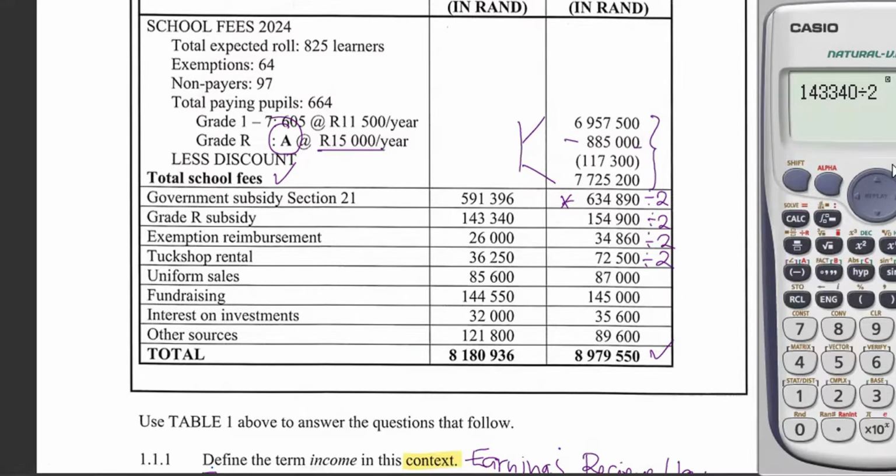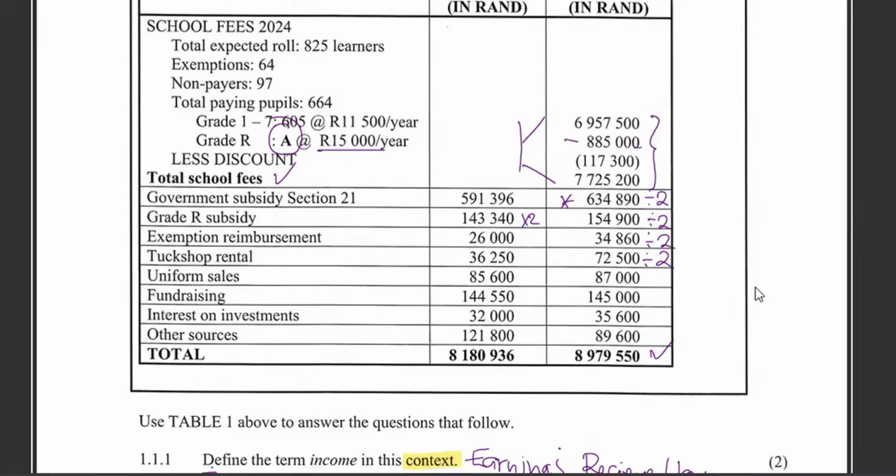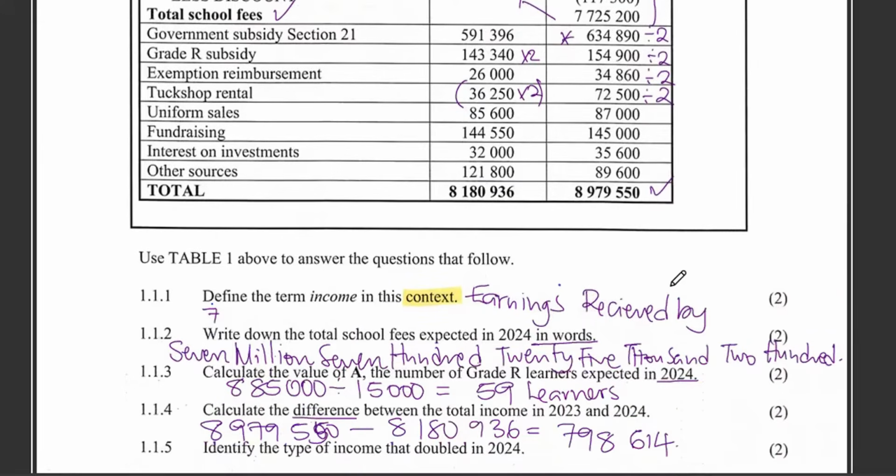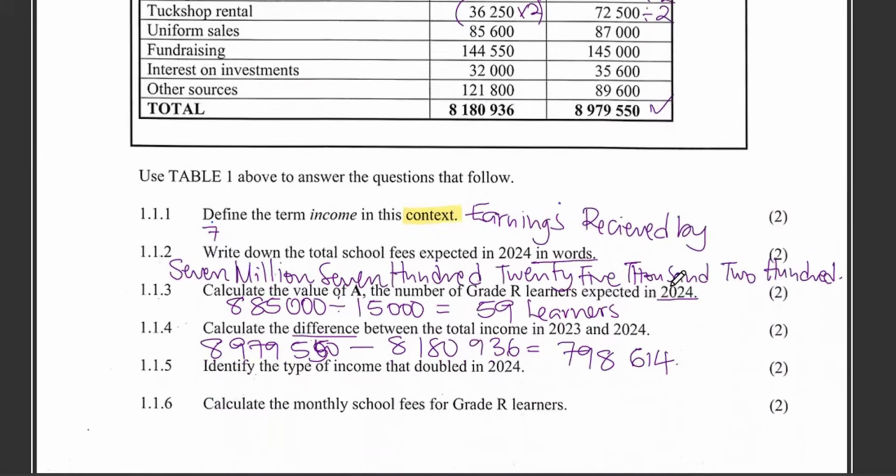When you multiply by 2, we are supposed to get this other one. If you multiply this by 2, we don't get that. So when we look at it critically, it's this number here. When you multiply this by 2, it doubled. That's what we are looking for, doubling. So it's the tuck shop rental.